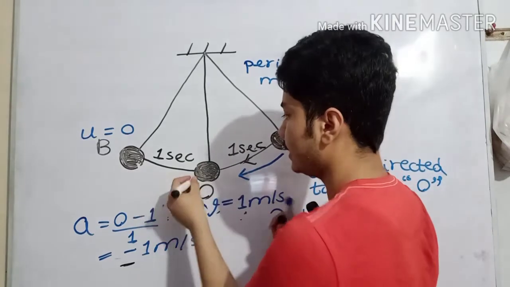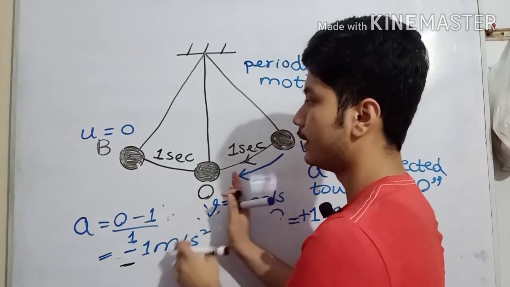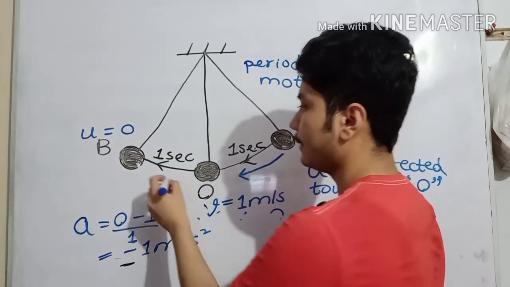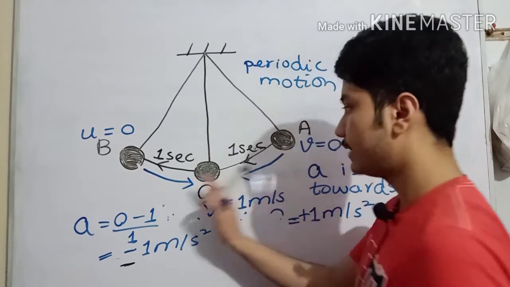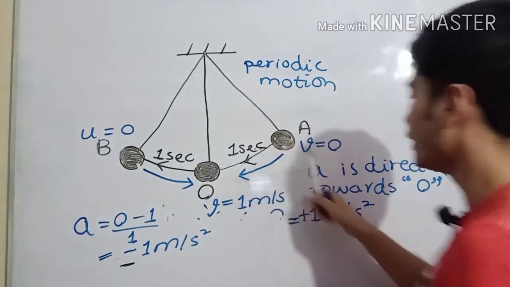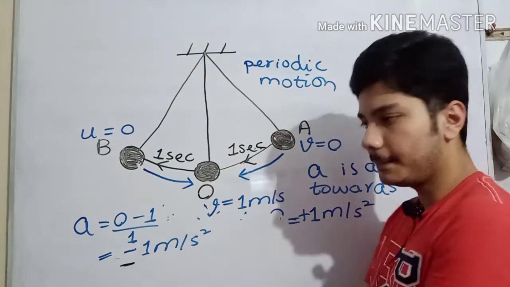So here you can see the object is moving from O to B. As the object is moving towards B, the acceleration being negative will have an opposite direction, towards O. So that indicates in both situations the acceleration is directed towards O, the mean position.